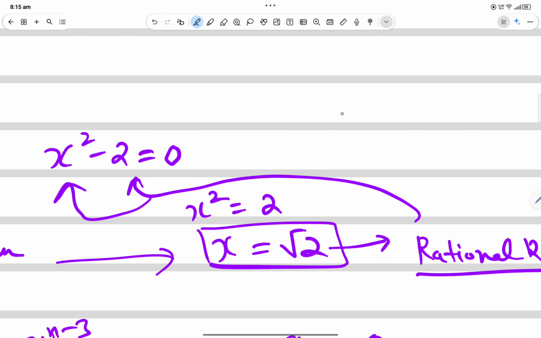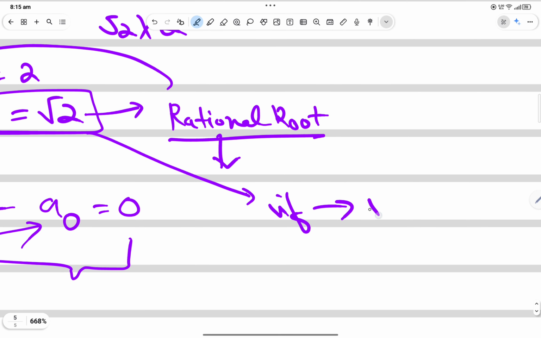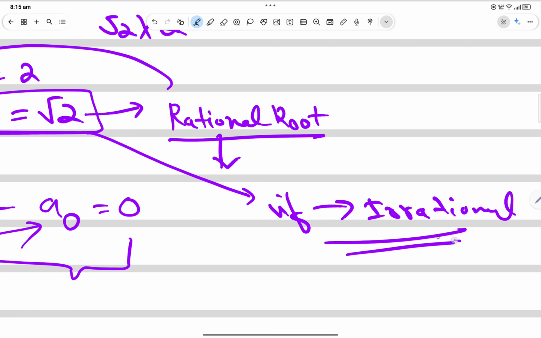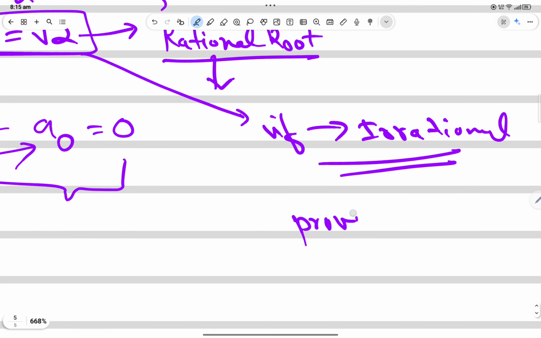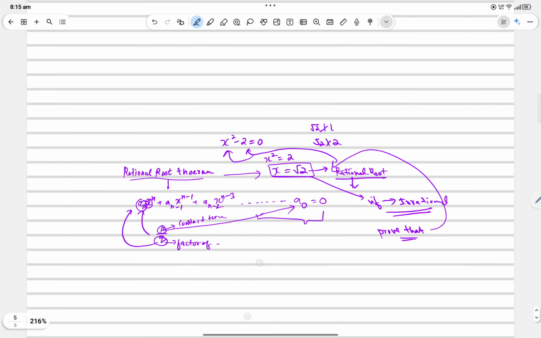But we know that root 2 doesn't divide 1 and doesn't divide 2, which shows that it is not rational. If it is not rational, it is irrational, which proves that it is irrational.